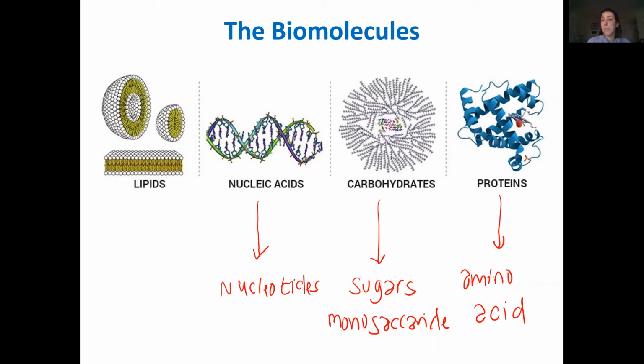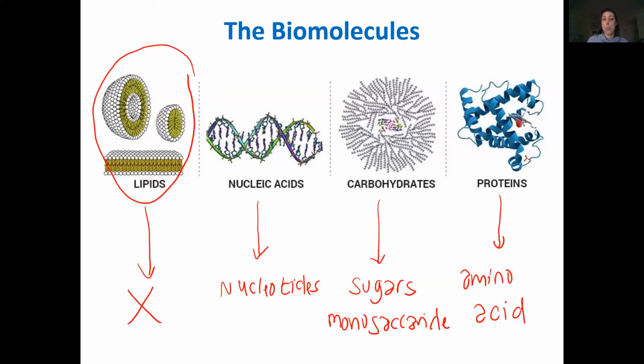Now, at the very beginning of our chapter, there is a question in your homework about the different biomolecules and what is the unique one in the sense of how it is built. And the answer to that was lipids. Lipids do not have an overall similar building block.